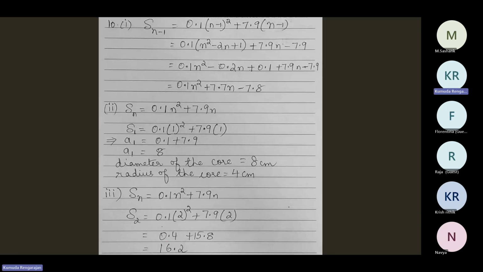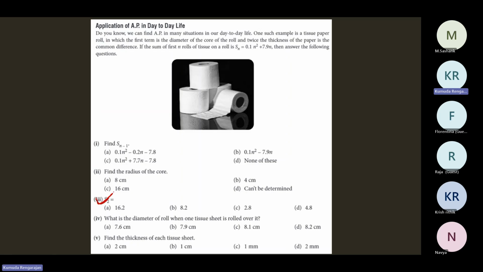So we already have S2. Here we have found S2, which is A1 plus A2. What is S2? Sum of the first two terms. So that is the first term plus the second term. So we'll use the answer we got here, S2.